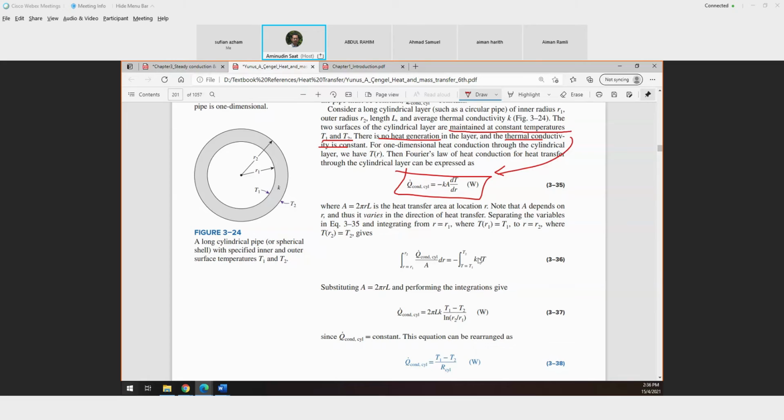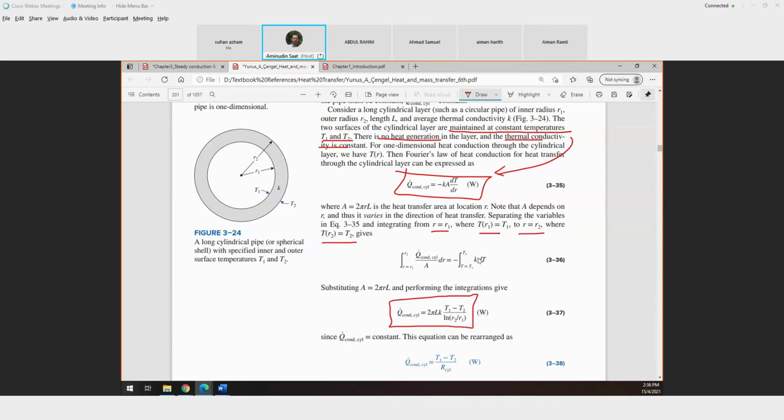With the limits of r equal to R1, T(R1) equals T1, and r equal to R2, T(R2) equals T2, you will get the heat conduction resistance for the cylinder.